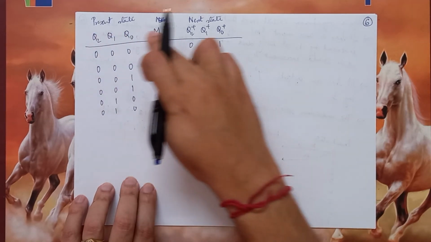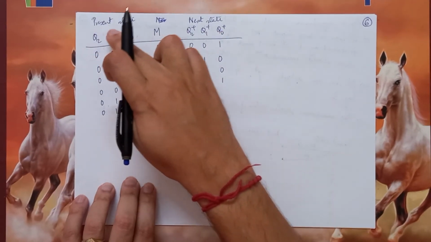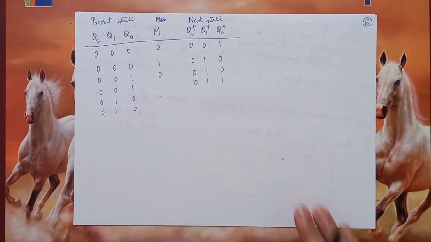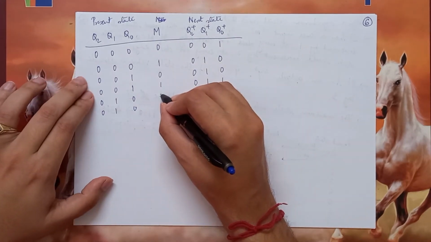So this will essentially show that Q2, Q1, Q0 and M would form 4 variables of a truth table. So let us fill it that way.